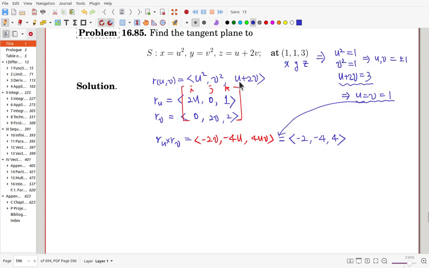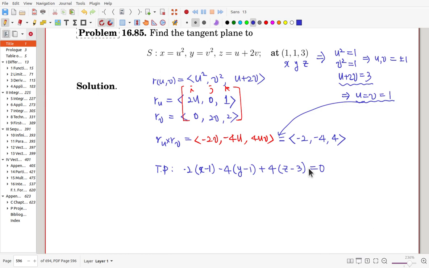So we have a point and a normal vector, so the tangent plane is formulated: minus 2, that's A, times x minus x0, where x0 is 1, and B is minus 4, times y minus y0, where y0 is 1, and plus 4, which is C, times z minus z0, equals zero.